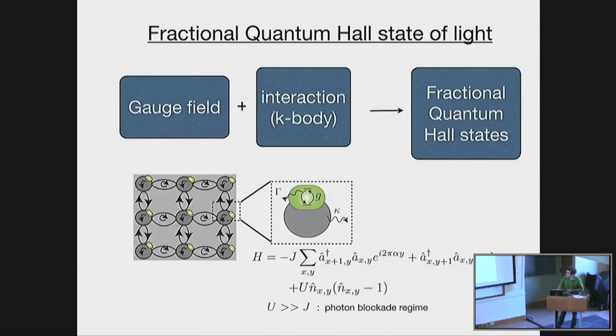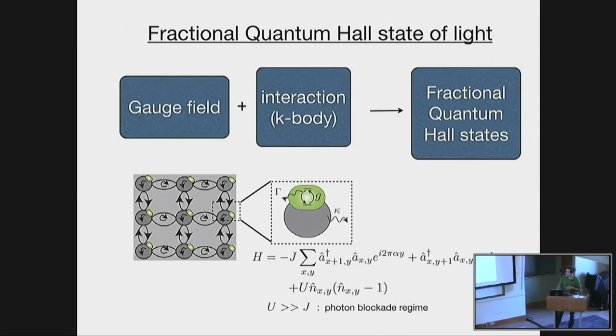Okay. So fractional. The recipe is super simple. We get the gauge field, we add some interaction, and then we get the fractional quantum Hall states. More specifically, we have the same gauge field that we had.